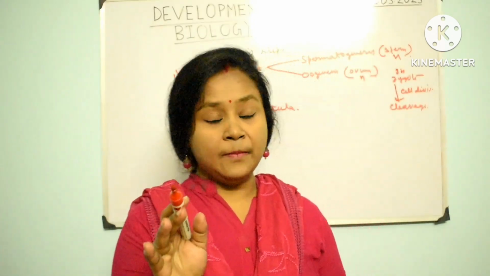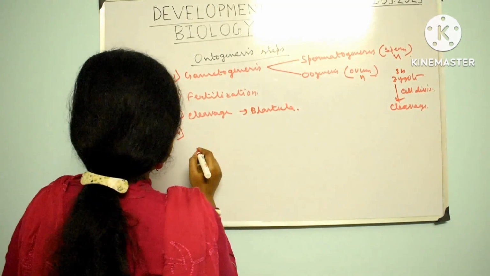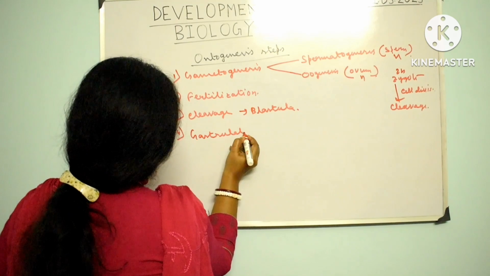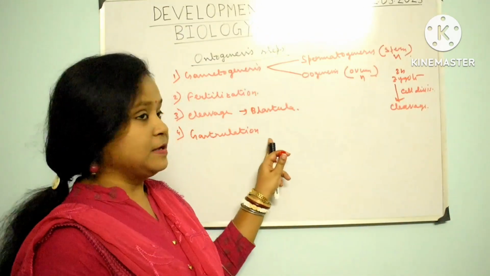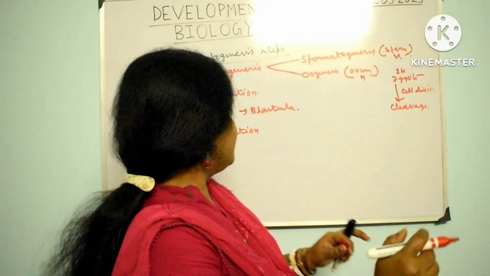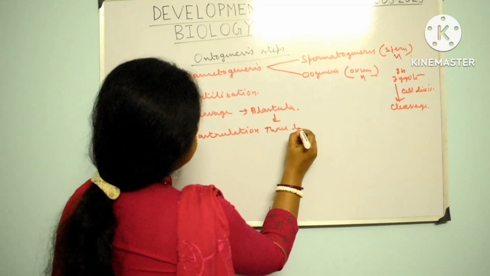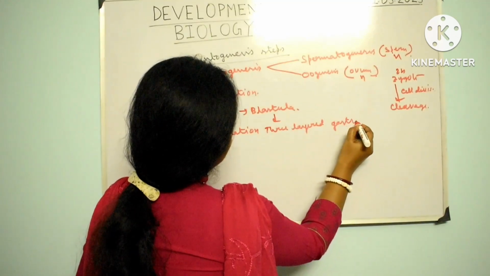So let's come to the next step of ontogenesis, which is gastrulation. In gastrulation, morphogenetic movement takes place, giving rise from the blastula to a three-layered gastrula.